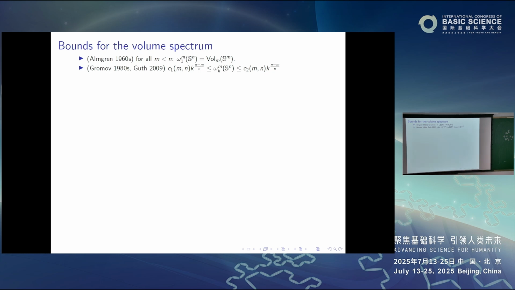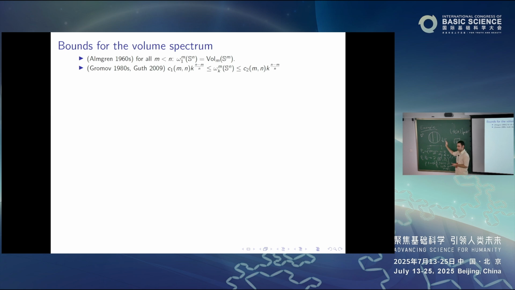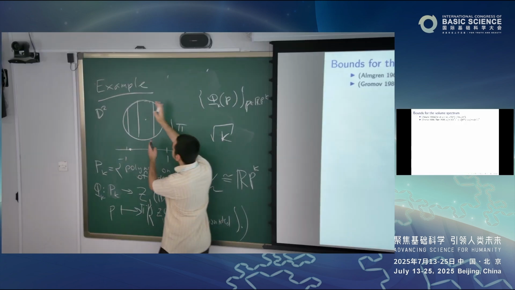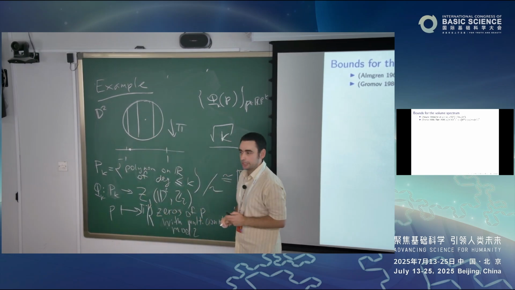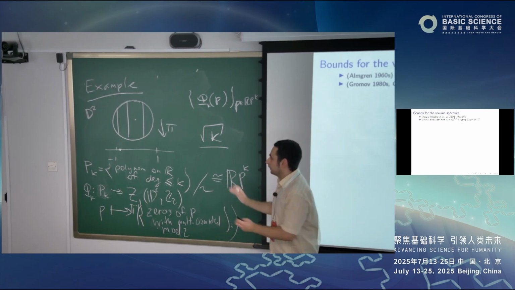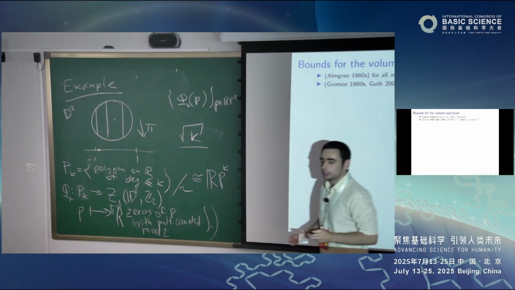For the disk, what you see here is that as you increase the number of parameters, the maximum goes linearly as k. But in fact, you can deform this family in such a way that the maximal length is only square root of k. And the key is to get these lines to cancel each other enough, because there are Z2 cycles.